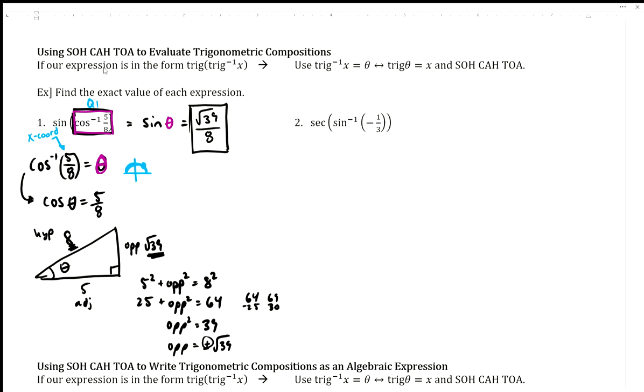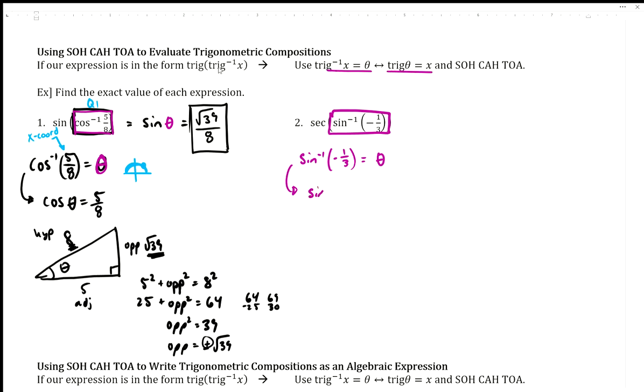There we are. Okay, now let's take a look at number 2. It's pretty much the same thing. Let's mark this in purple right now and say that sine inverse of negative 1/3 is an angle. And then we can instantly rewrite it using our inverse trig property up here.